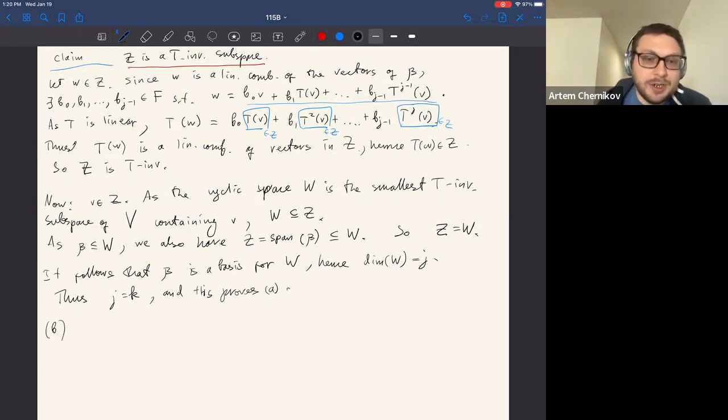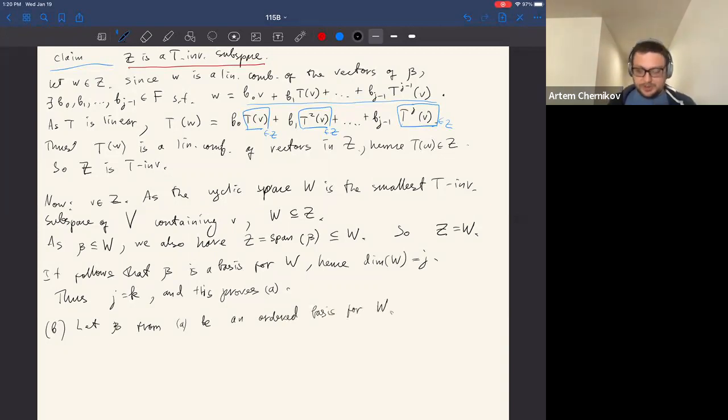Okay, so here again we just use the definition of a characteristic polynomial. So in order to do it, we have to determine the matrix representations, right? So let beta from part A be an ordered basis for W, right? So we have just established that we have an ordered basis of this special form.